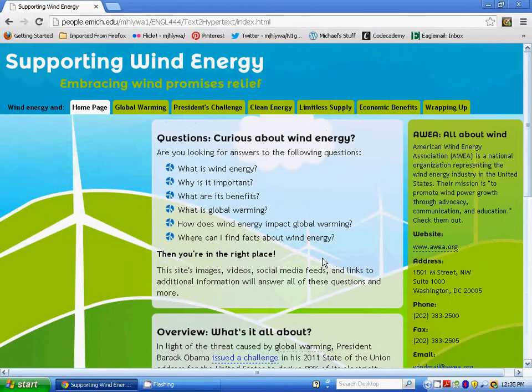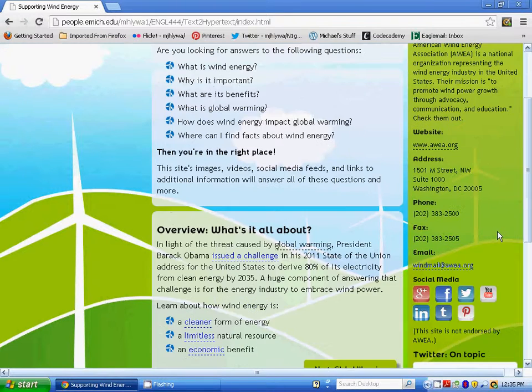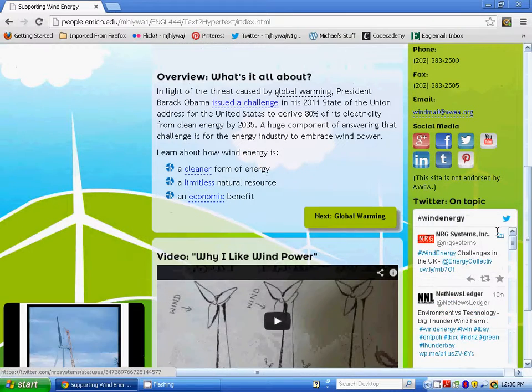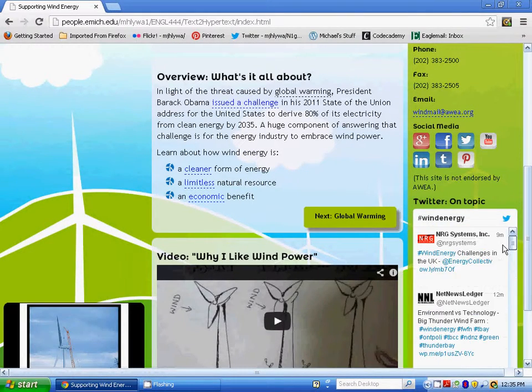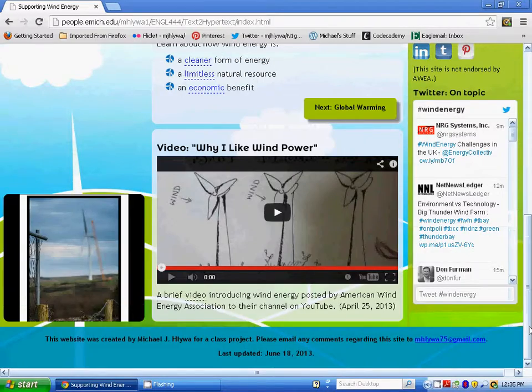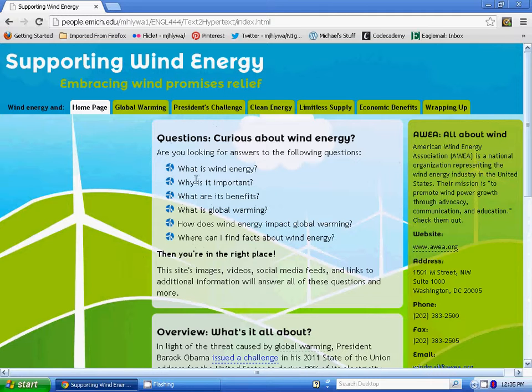And then I'm going to look at the side stuff that's in green. And then there's a Twitter feed too. All right, so I've looked down the whole page. Do you want to know where I want to go next, or you can ask me another question?